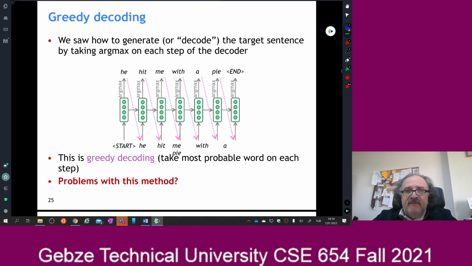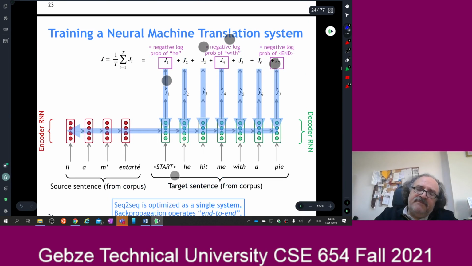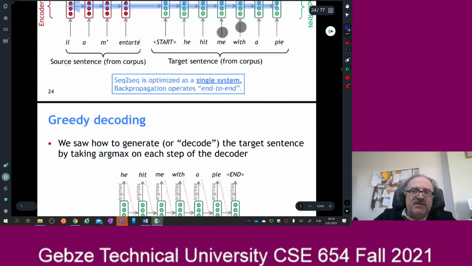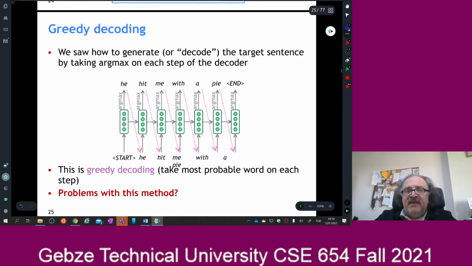When we have trained the system, we have the weights for this encoder and the decoder part. We have both of them. So what do we do? We run it. We give the input sentence, and we try to produce the output sentence.